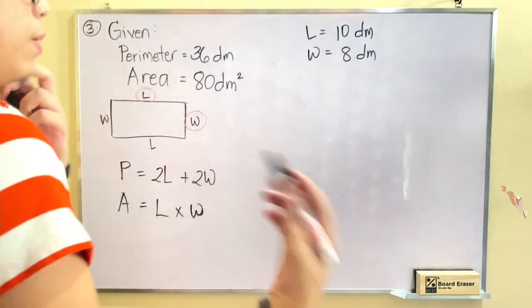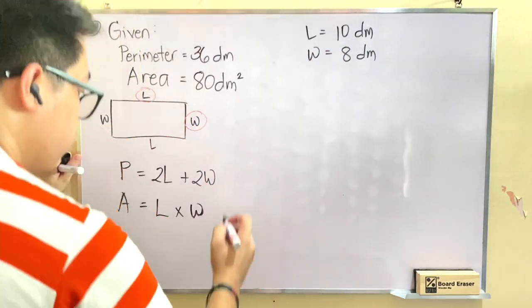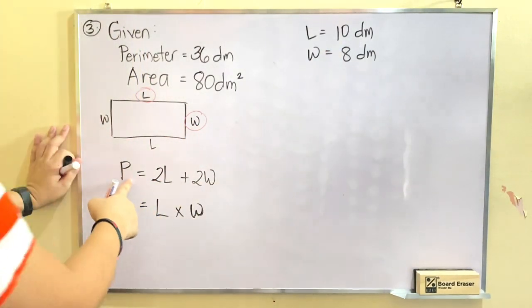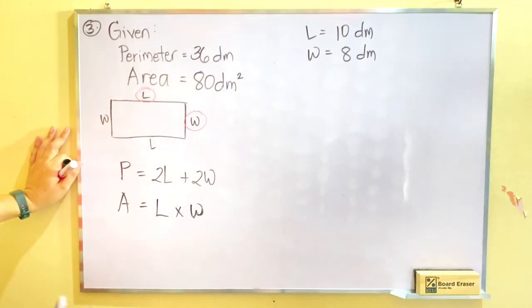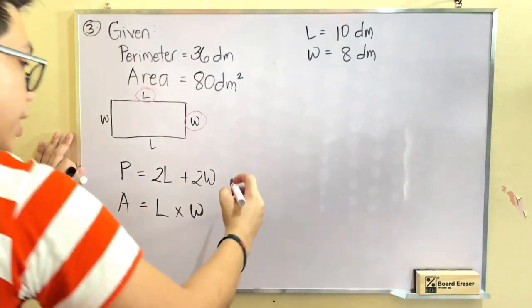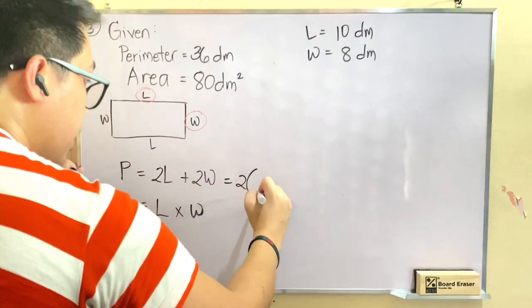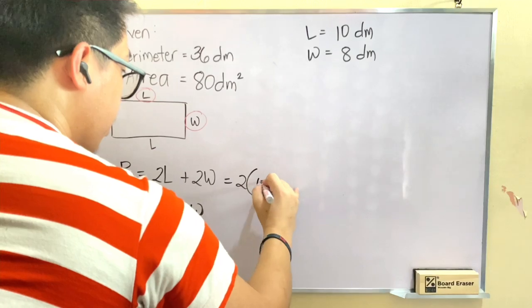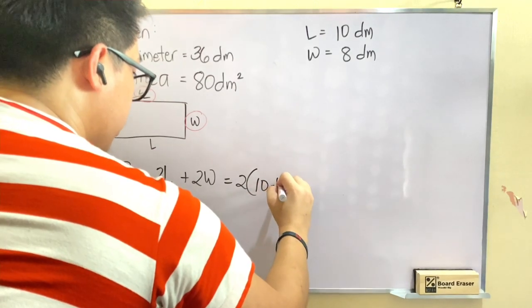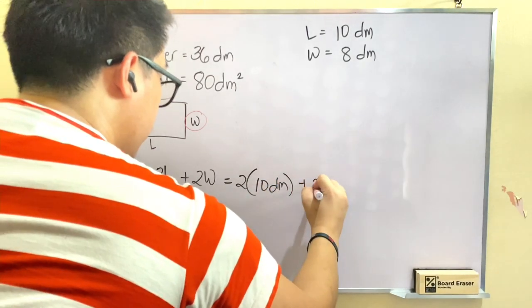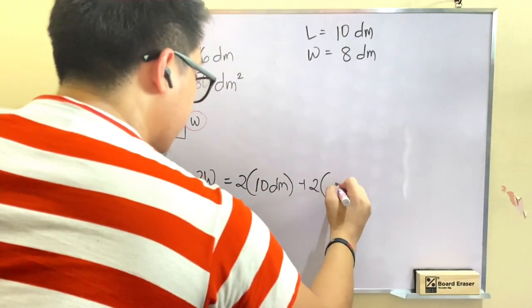Okay, paano ba natin mapoprove na tama yung ating sagot? So, kailangan yung perimeter natin equivalent to 36 and yung area is equivalent to 80. So, substitute natin 2 times length which is 10 decimeter plus 2 times width which is 8 decimeter.